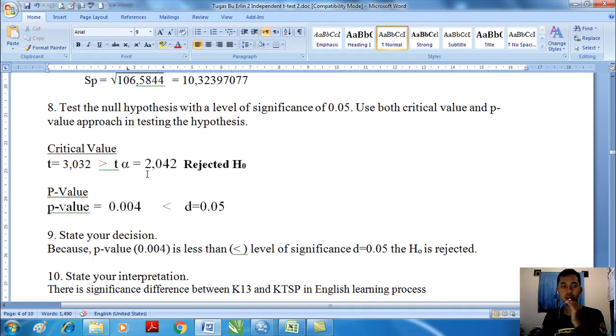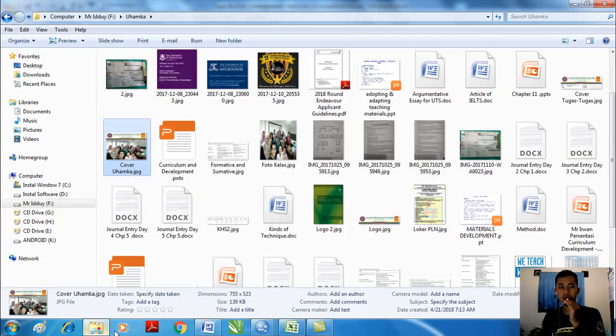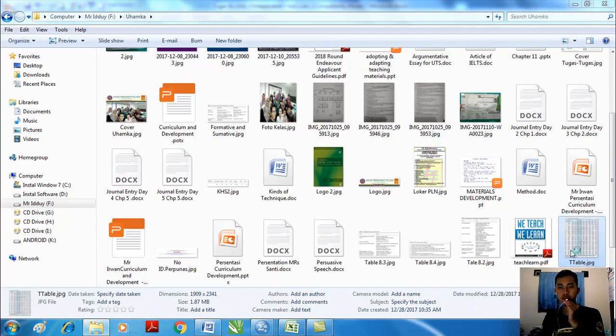And T alpha is 2.042. This score I got from the critical value table.